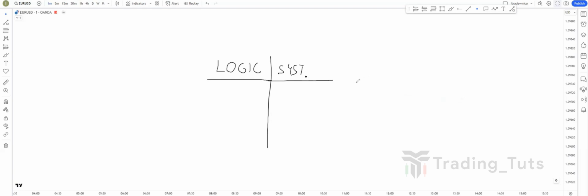Let's say we came across this scenario right here. All right. We have our range. Let's say I see this red range right here, and overall we are bearish. And I see this type of range is a T1, right?